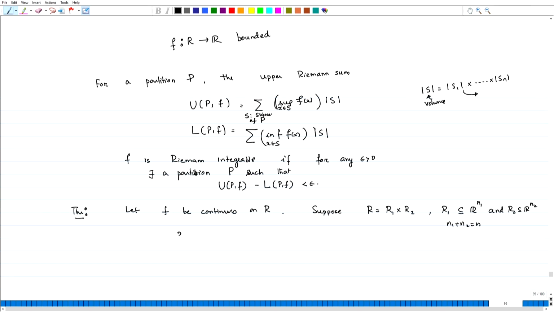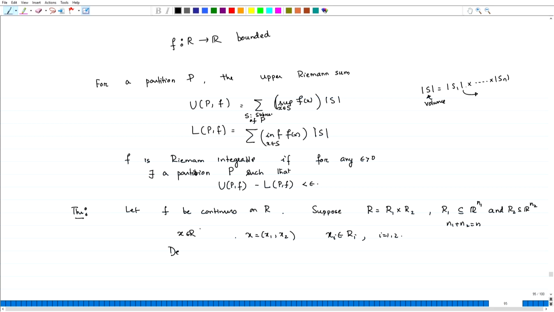So, now we write x belongs to R^n as x is equal to (x_1, x_2), where x_i belongs to R_i, for i equal to 1 and 2.